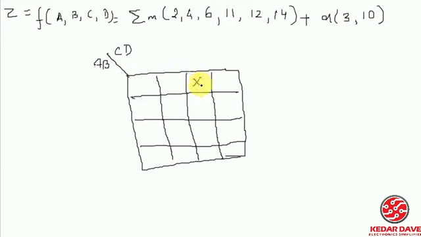See over here we are writing a cross for the 3 term, minterm third, and for the 10th minterm we are putting a cross over here. So this way it can be done. After that, for the positions of the regular minterms 2, 4, 6, 11, 12 and 14, 1 will be over here, 2 ones will be over here.